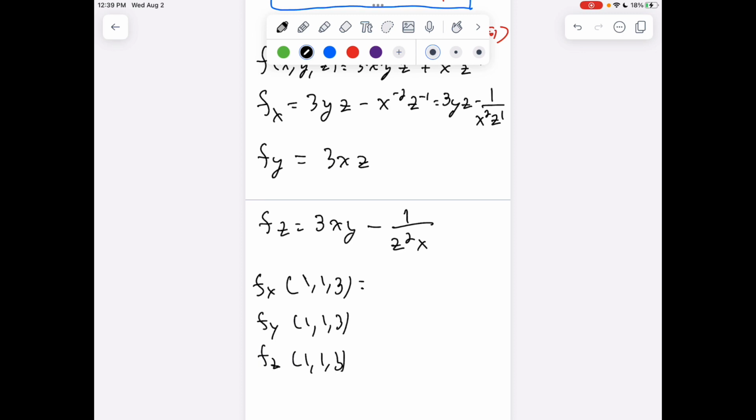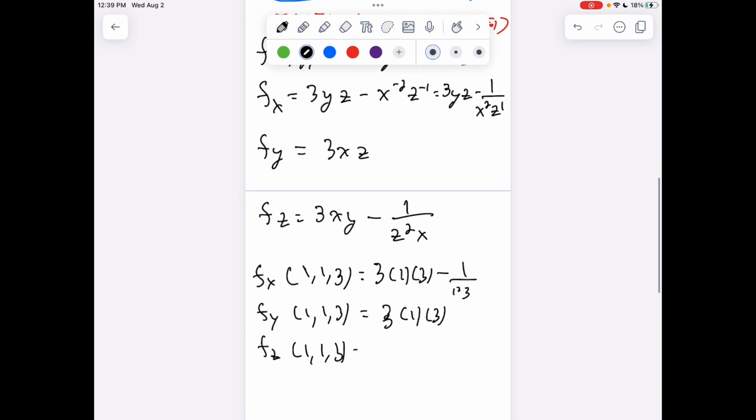So this would be 3 times 1 times 3 minus 1 over 1 squared times 3. Next one would be 3 times 1 times 3. And last but not least, I have 3 times 1 times 1 minus 1 over 3 squared times 1.